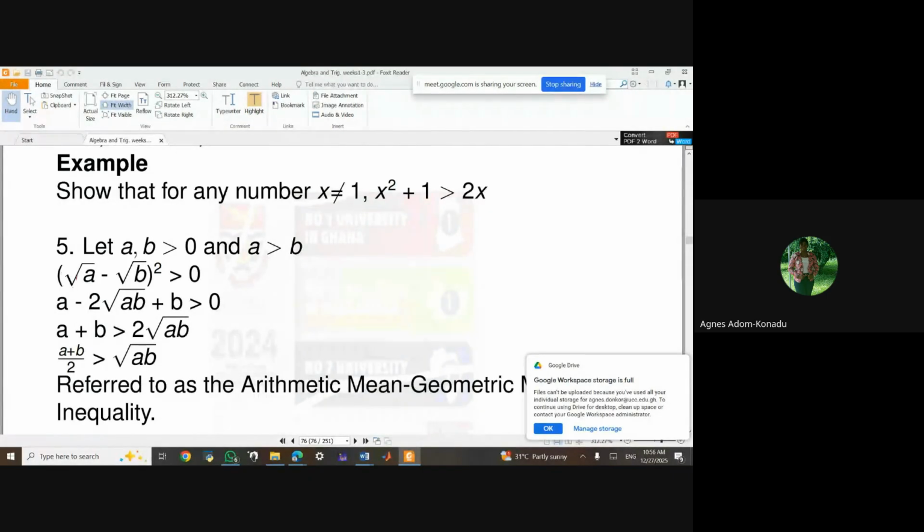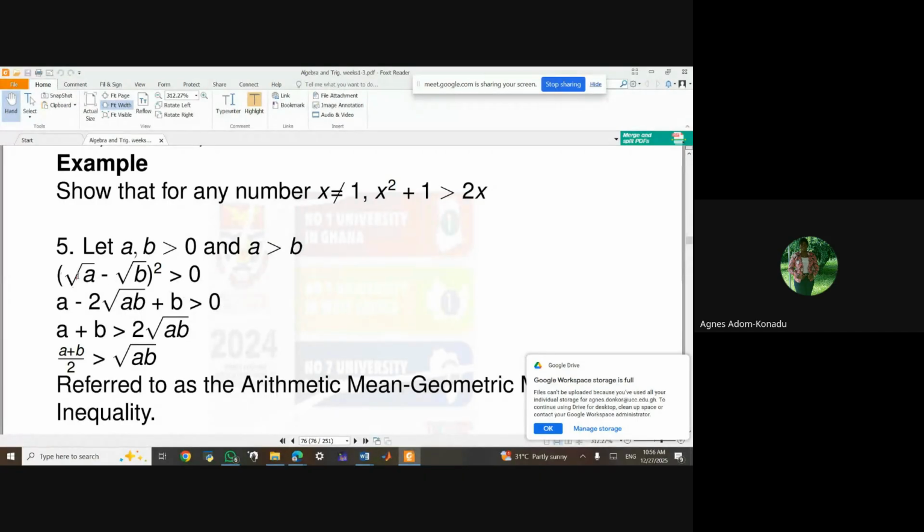Then number 5 says that if I have A and B greater than 0 and A not equal to B, then square root of A minus square root of B, all squared, is greater than 0. So I can open this. When I expand this, I'm going to get A minus 2 root of AB plus B greater than 0.